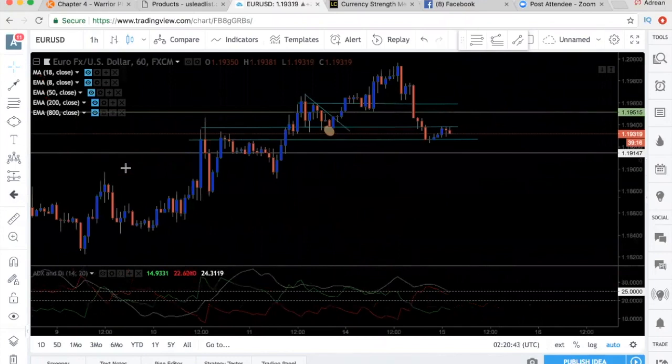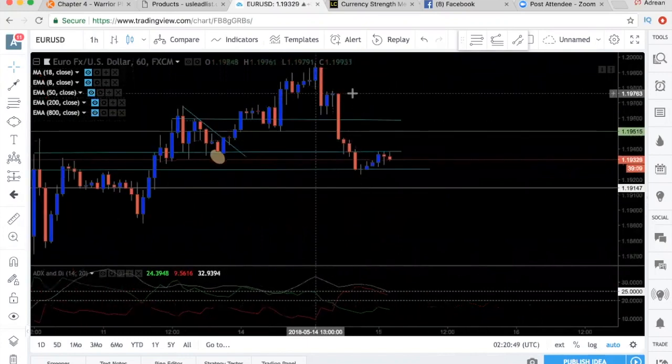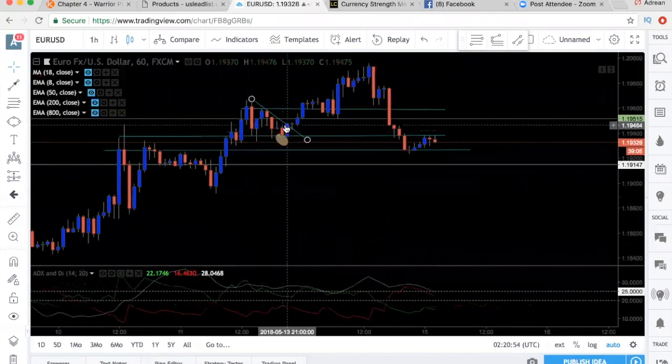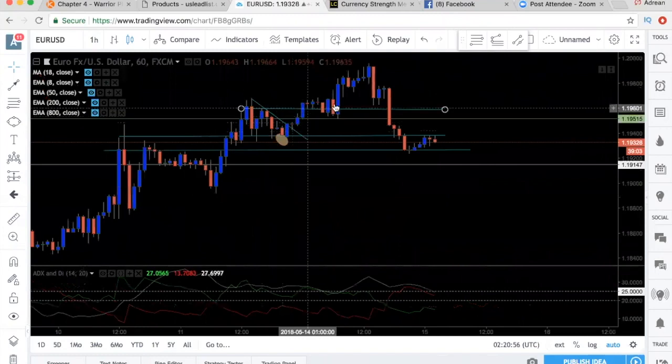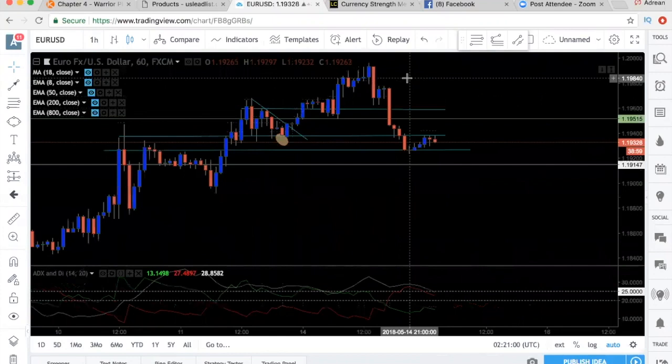We want to see where the market is creating these patterns. These patterns will let you know that these markets are now in control by buyers and sellers.